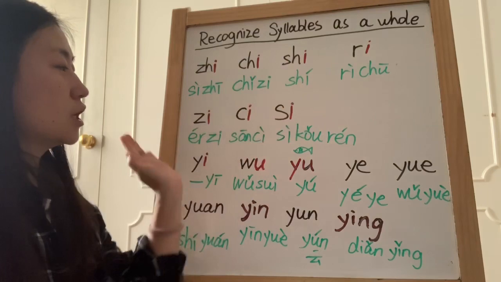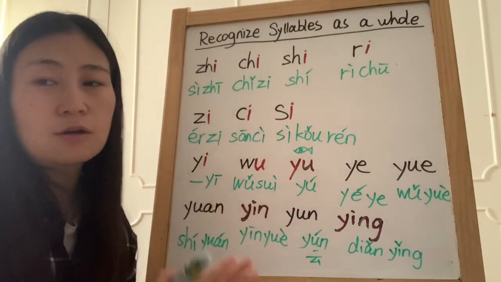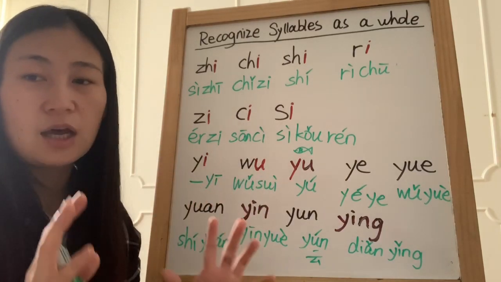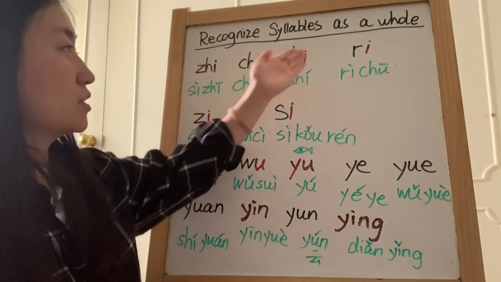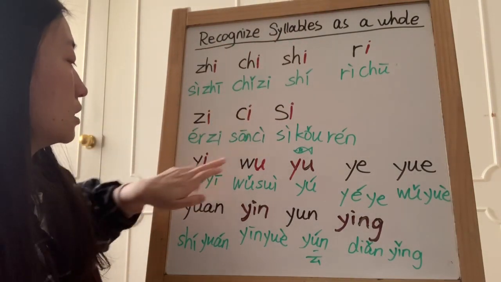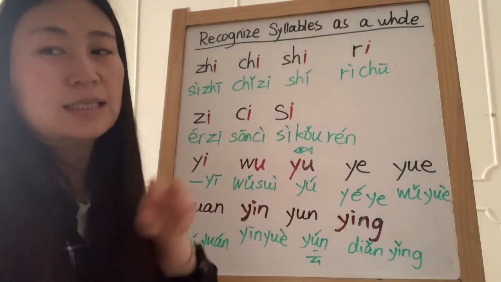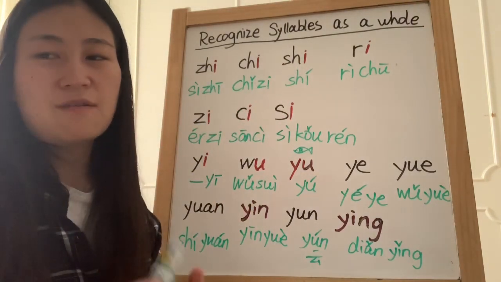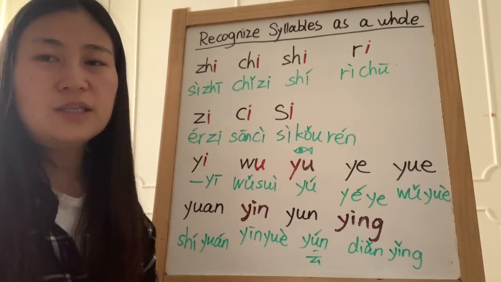So all these words, you don't have to remember what the meaning of them is, but I would like you to write them down and record a video practicing the recognized syllables as a whole. 日、吃、诗、日、子、次、思、一、五、语、耶、约、元、音、韵、音. Okay? And their examples. Alright, can you read one time with me?